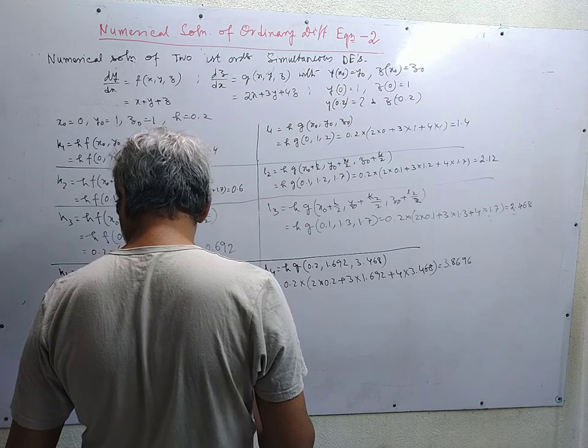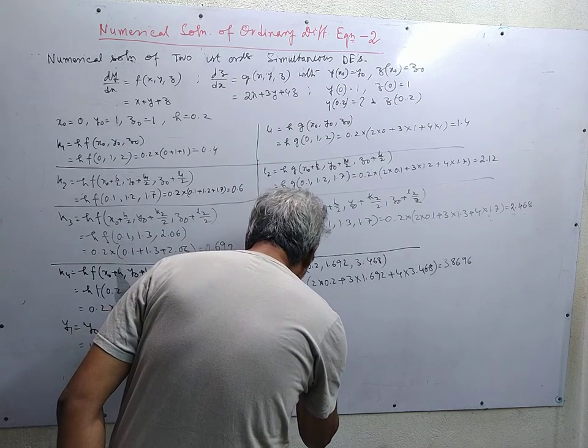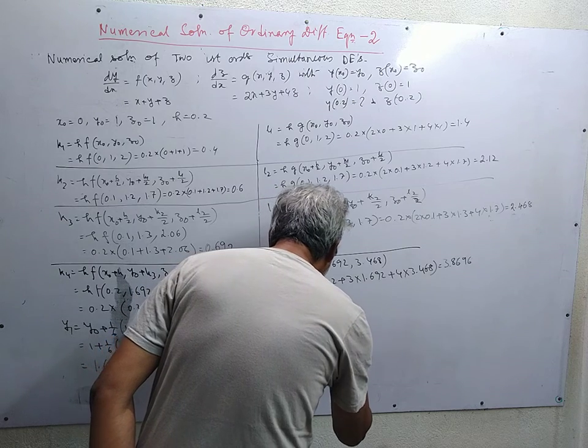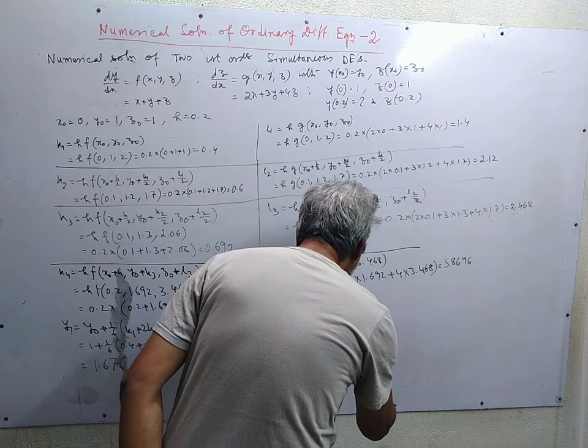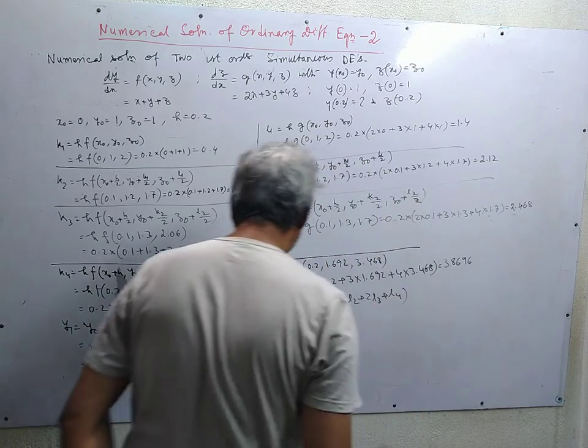Similarly, z1 is given by z0 plus 1 upon 6 L1 plus twice L2 plus twice L3 plus L4.